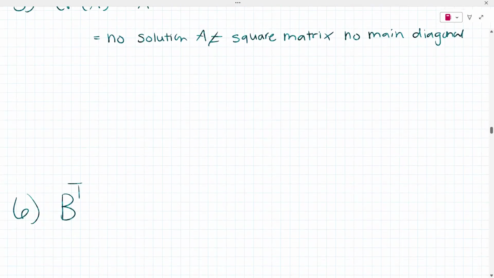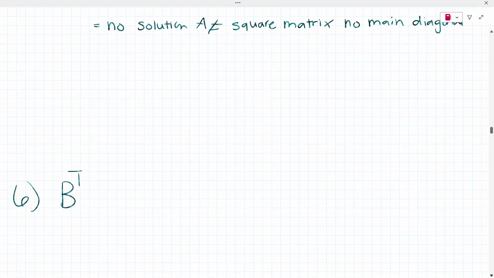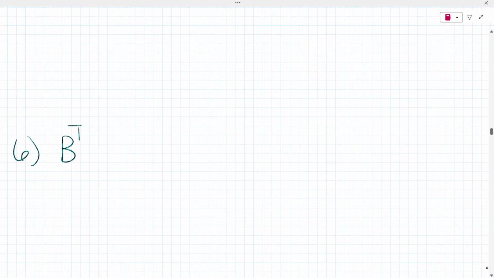What about the matrix B and can you take the transpose of it? I think so. So matrix B was technically a 2 by 3. So your new matrix, your B transpose, will now be a 3 by 2.